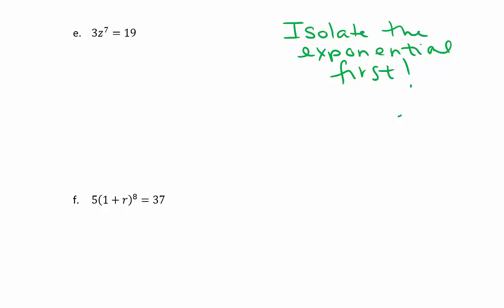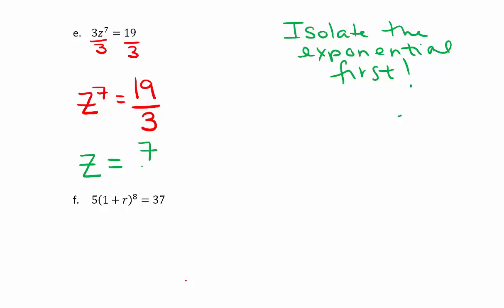So I'm going to get rid of the 3 by dividing both sides by 3. So z to the 7th equals 19 thirds. I'm going to leave the 19 thirds as a fraction for now because I don't want to introduce rounding errors into the problem. To get rid of that 7th power, I have to take the 7th root of both sides. And so z is going to equal the 7th root of 19 thirds. And that's what I'm going to put into my calculator.